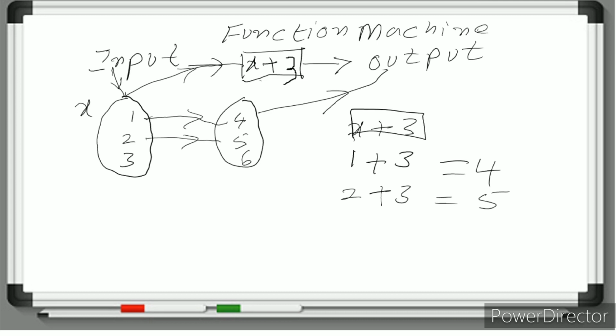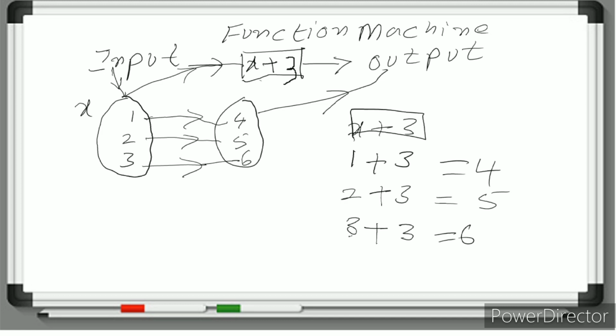Then again in place of x I keep 3. 3 plus 3, I get 6. So 3 maps to 6.